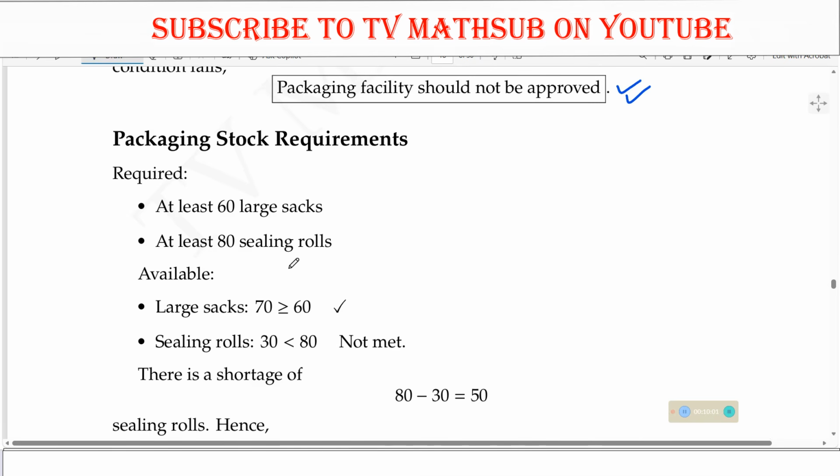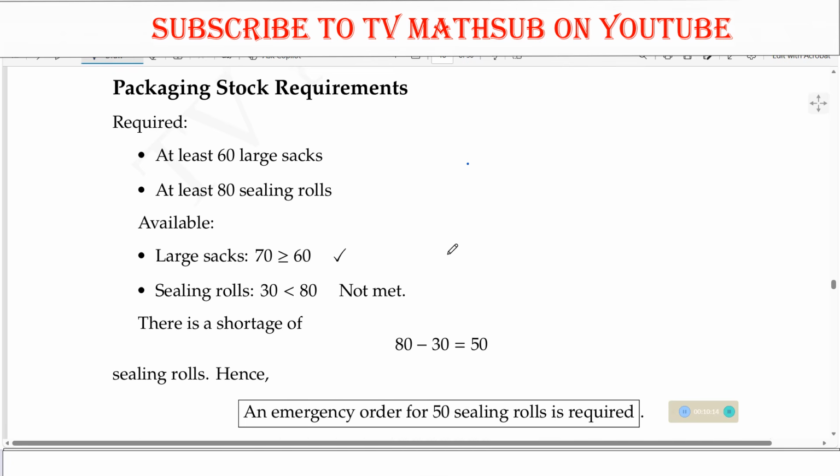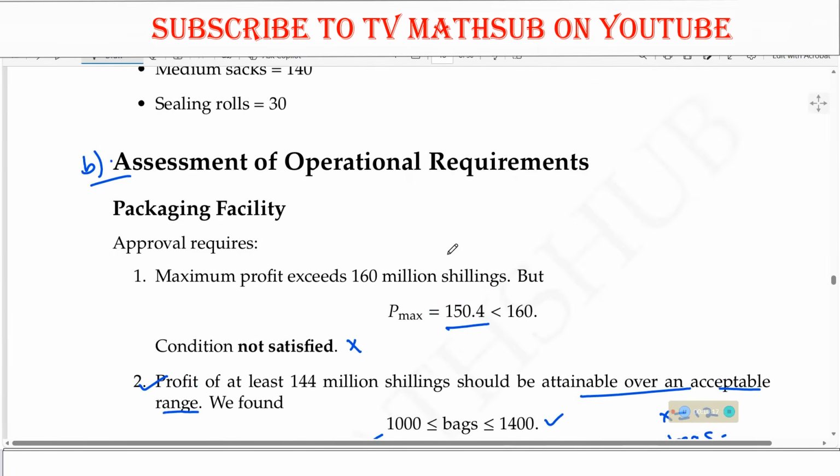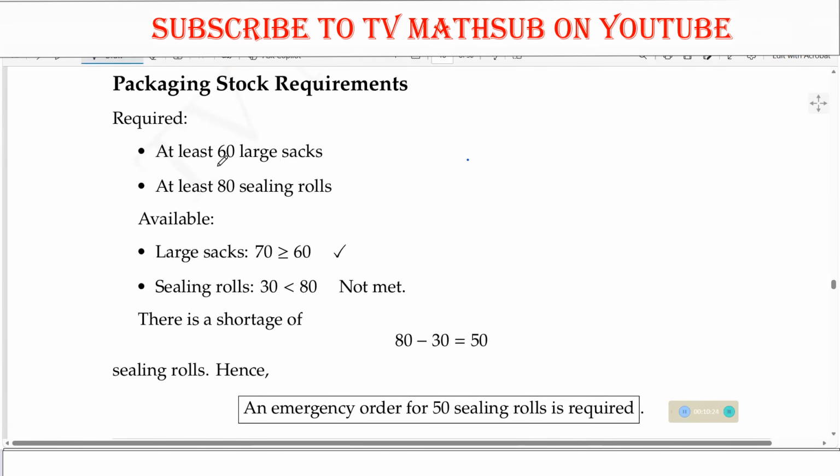So those are the requirements. We are required to have at least 60 large sacks, so we look at what is available. We have seen that we got 70 large sacks, and what we need is at least 60. So that one is satisfied.